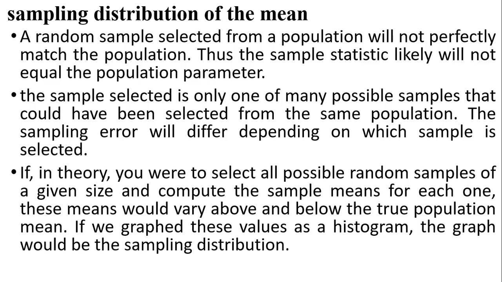In theory, if you were to select all possible random samples of a given size and compute the sample means for each one, these means will vary above and below the true population mean. And if we graph these values in a histogram, the graph will be a sampling distribution.